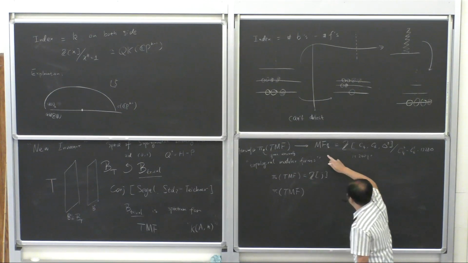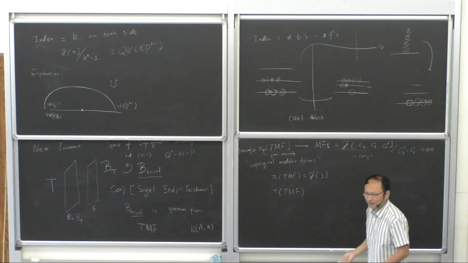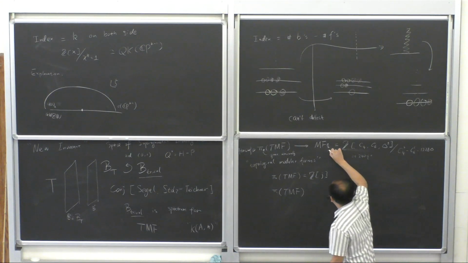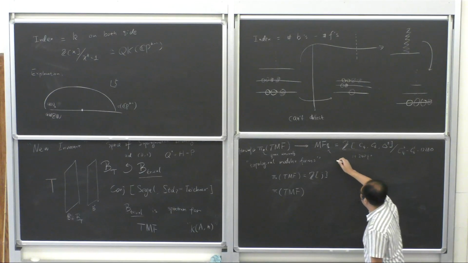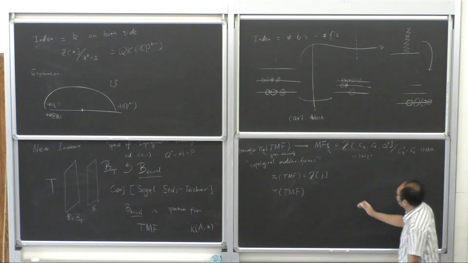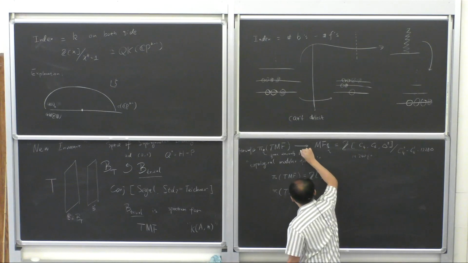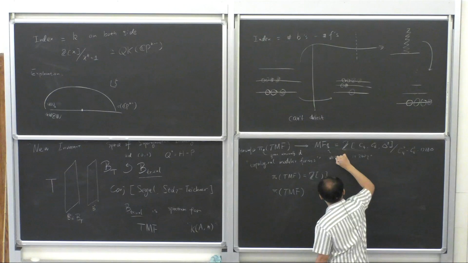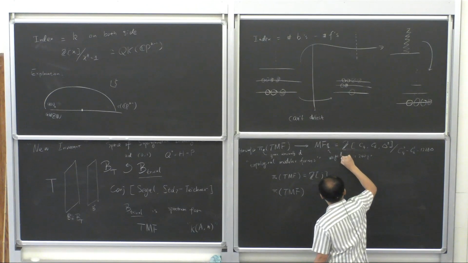That's compatible with how modular forms appear as elliptic genera of supersymmetric theories, because the modular weight is indeed half of the gravitational anomaly. So if here we have gravitational anomaly d, on this side you will have weight d over 2.